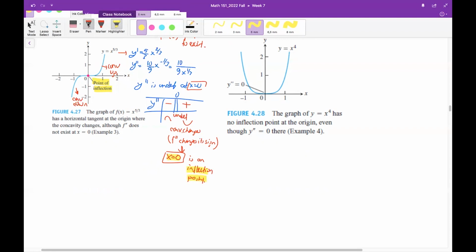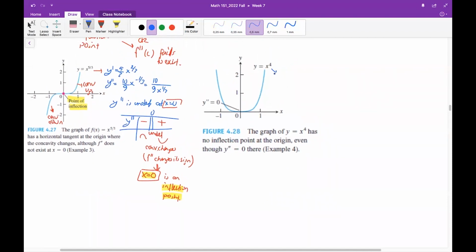Let's look at the next example, which is x to the power 4. Compute its first derivative, compute its second derivative, and let's see if this is 0 or undefined at any point. The second derivative is 0 if x equals 0. This is now a candidate for an inflection point. To verify that it is in fact an inflection point, you check whether concavity changes at this point, whether the second derivative changes its sign or not. Before 0, what is the sign of the second derivative function?